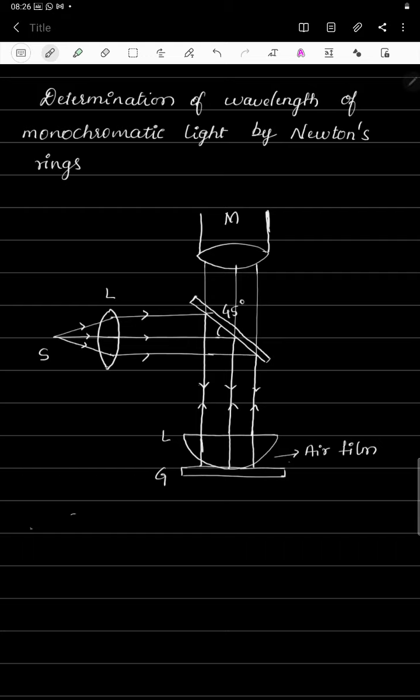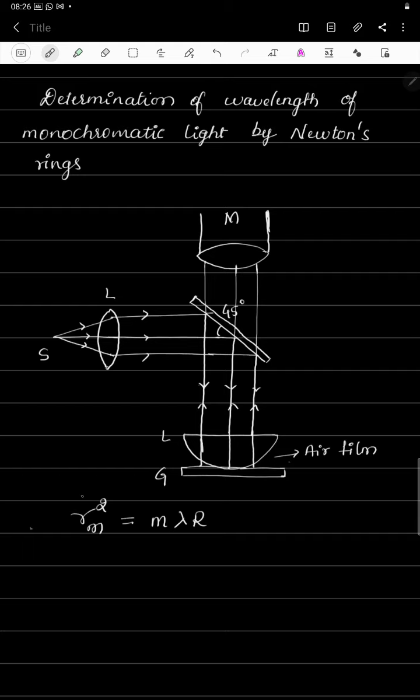The relation is, let us suppose Rm is the radius of the mth dark ring. The radius of the mth dark ring is given by the formula Rm square is equal to m into lambda into r. This has already come in the previous derivation of Newton's ring.